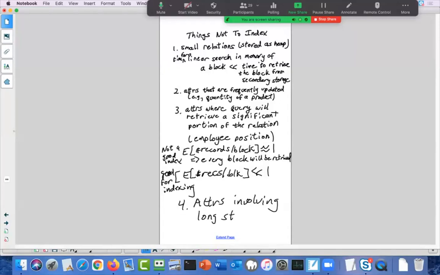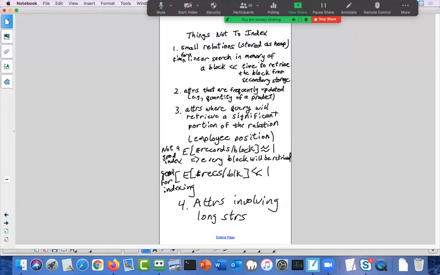And the reason for that is that attributes involving long strings may very well represent the bulk of the underlying relation, which means essentially you're storing the underlying relation twice.